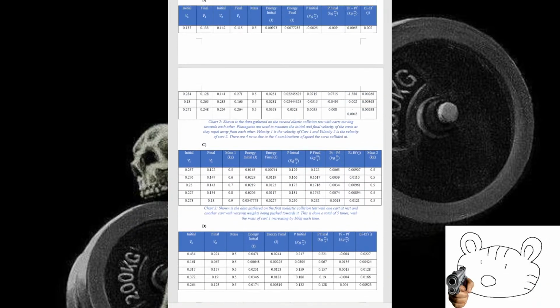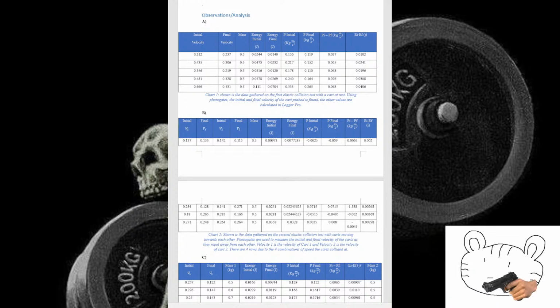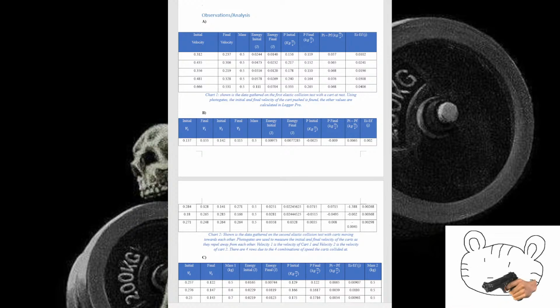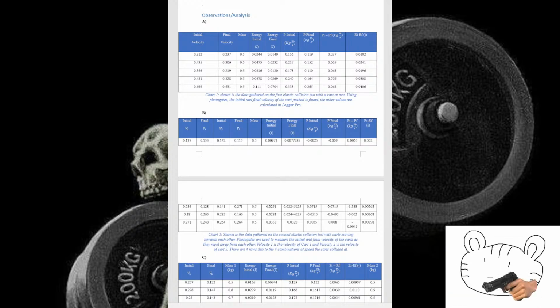Which is weird, actually, now that I think about it. Why are 3 of them negative? That means that the final is greater than the initial. That makes almost no sense. That means momentum is increased.